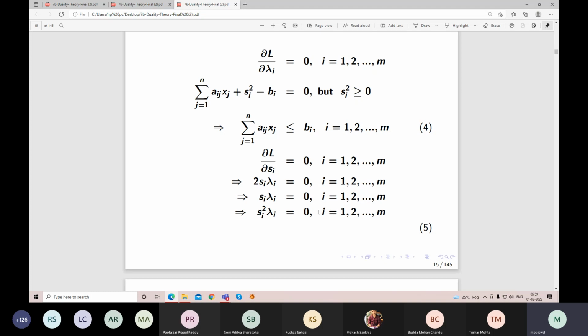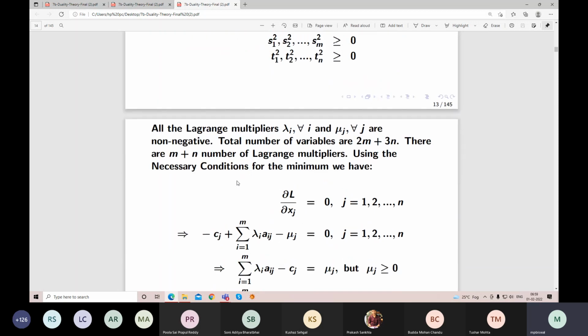But here, it is a function of how many variables? Twice m plus thrice n. You cannot imagine it. If I say m equal to 10 and n equal to 10, how many are there? 2 plus 3, 5 into 10, 50 variables. If m and n are, let us say, 100, then 500 variables.